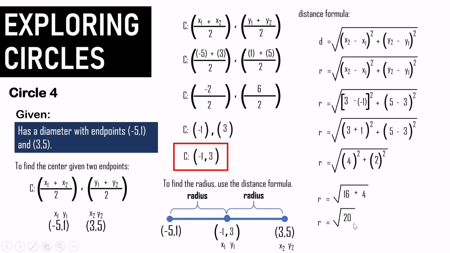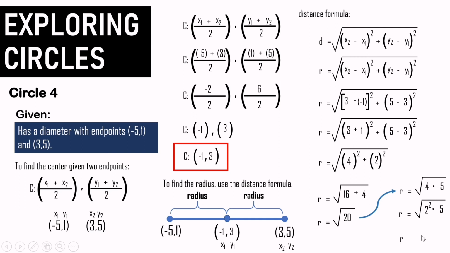So 10 og 2, nope. Dito sa 5 og 4. Okay, so r is equal to square root of 4 times 5. So r then is equal to square root of kaning 4, pwede man siya ihimuong 2 squared no, times 5.